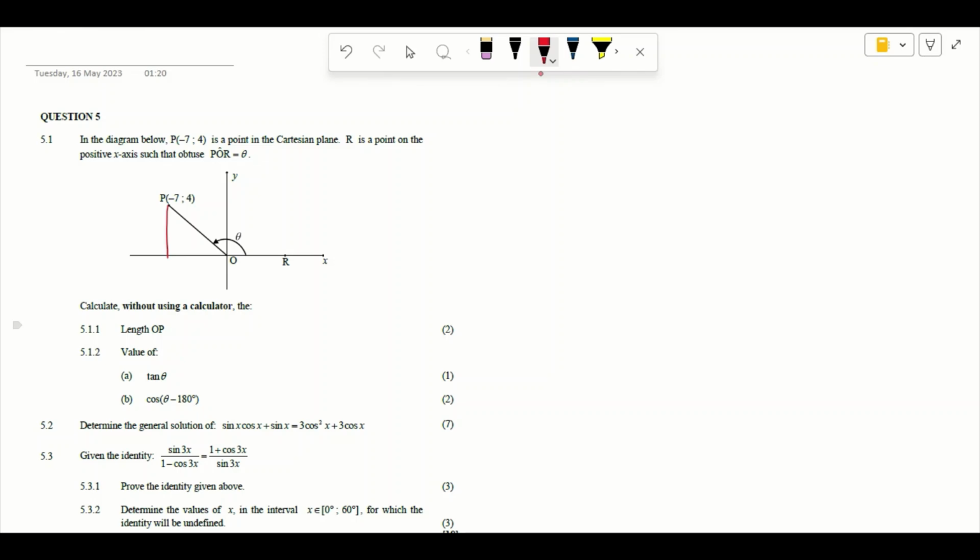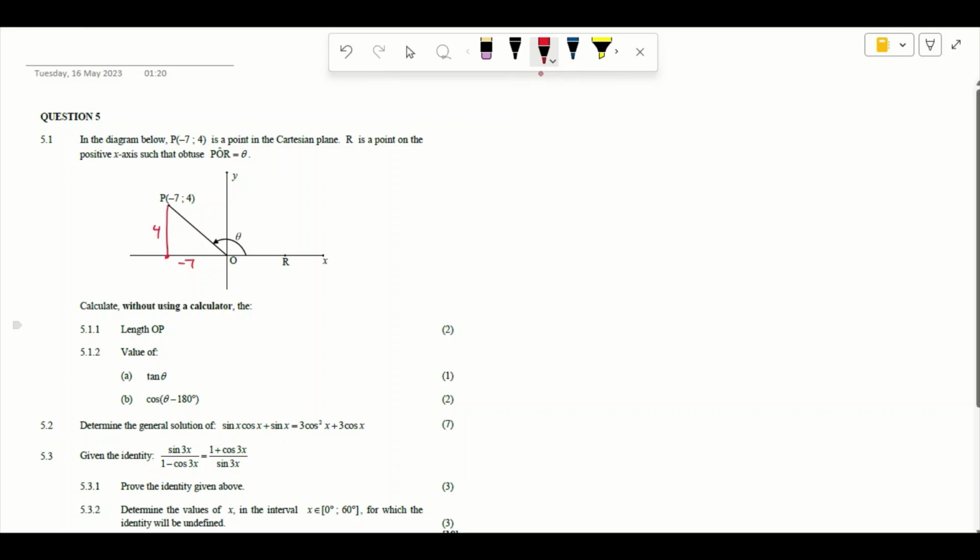The horizontal component is -7, so we have moved 7 units to the left. The length from here up until here is -7, and up and down is our y value, which is 4.